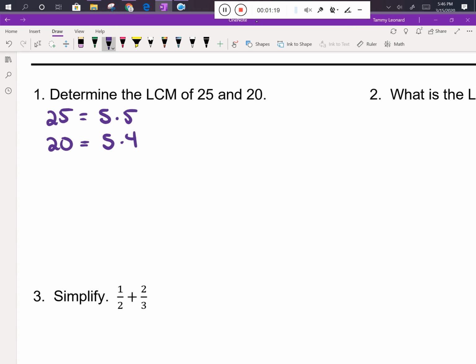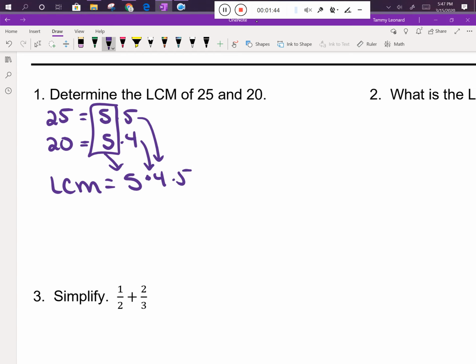All right, now kind of like when we were learning to factor, we would identify what's their common factor. Well, when we're trying to identify a least common multiple, it actually really helps to identify their common factors first, because their least common multiple is always going to be built from their common factor and then each of the unique factors that also goes into the number.